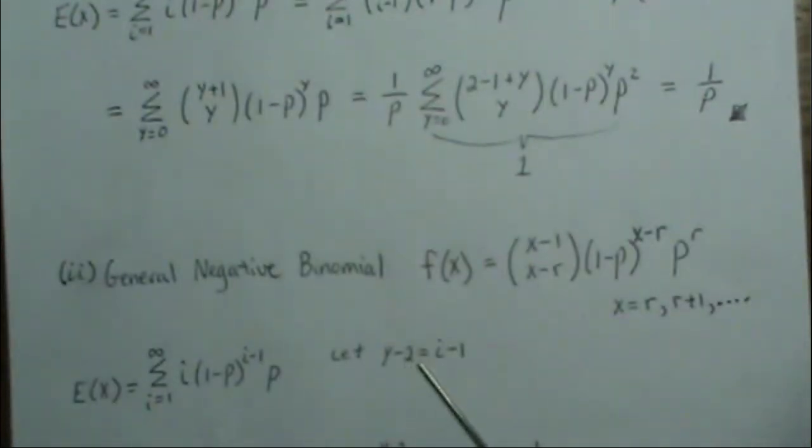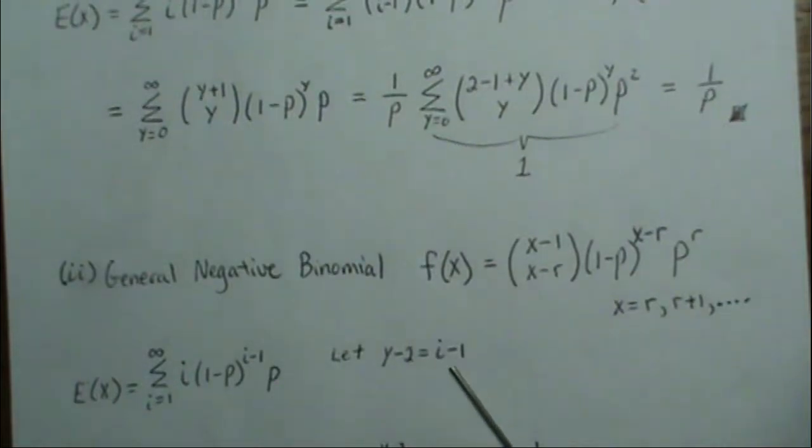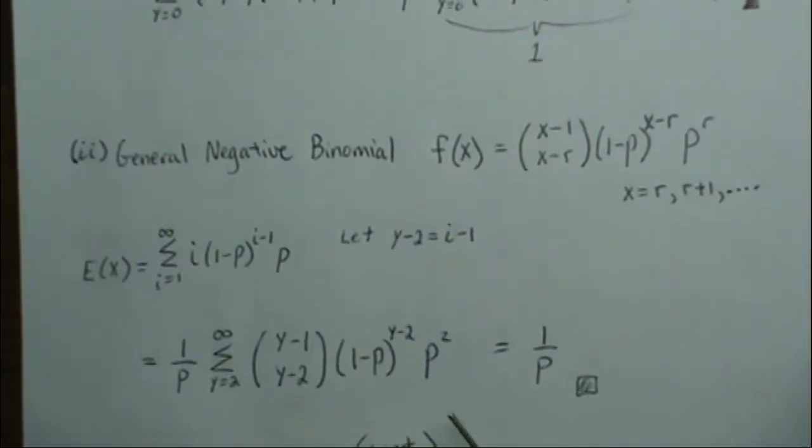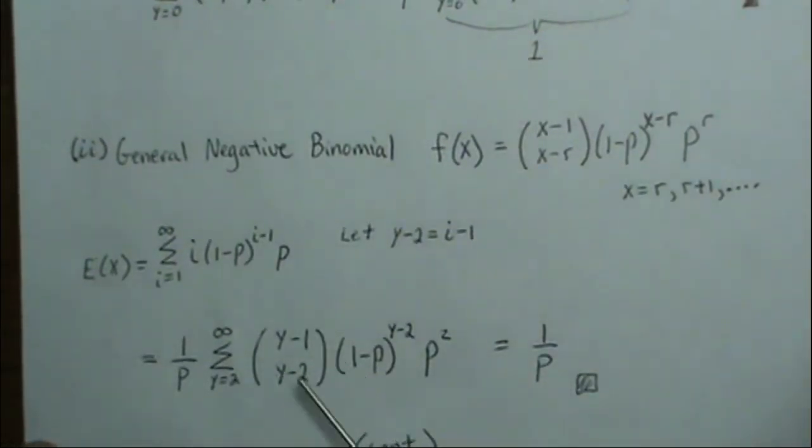Now let's do a substitution that y minus 2 is equal to i minus 1. And so y minus 2 would go here. Then using the combinatorics, it would simplify to this, and we're going to do the same thing.